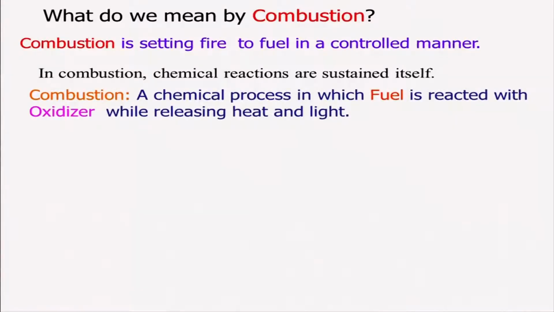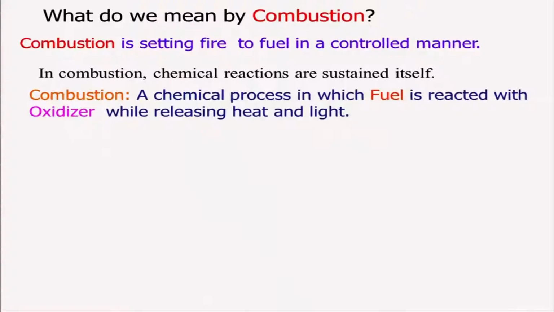So, in a more technical way, we can define combustion as a process during which fuel is reacted with oxidizer while releasing heat and light. Of course, heat always has to be released, but the light you may not see sometimes. But most of the combustion processes you could see, right. What are the examples of combustion processes you see?